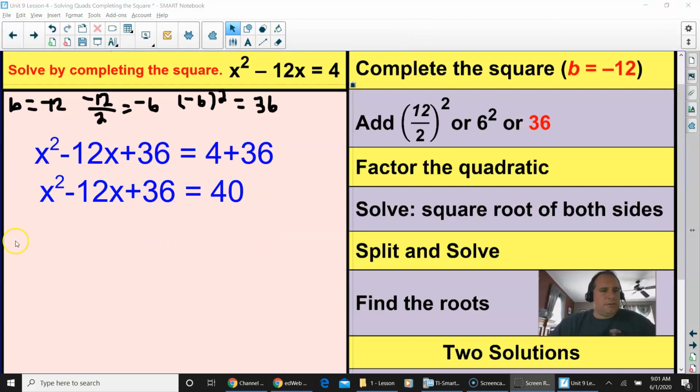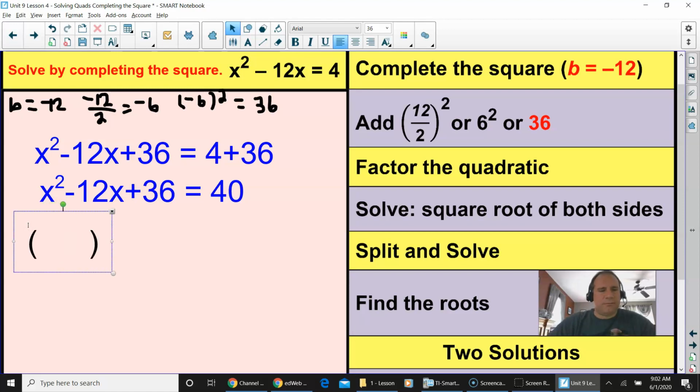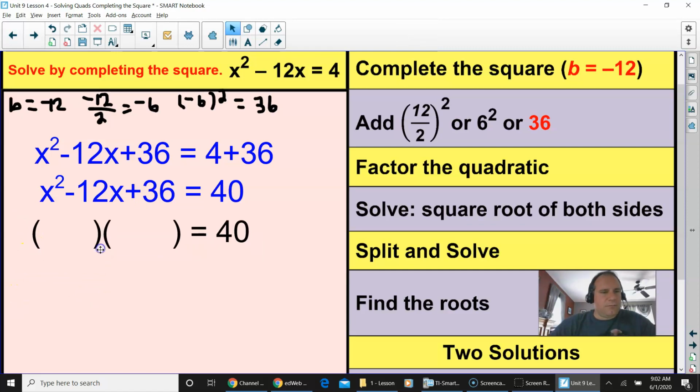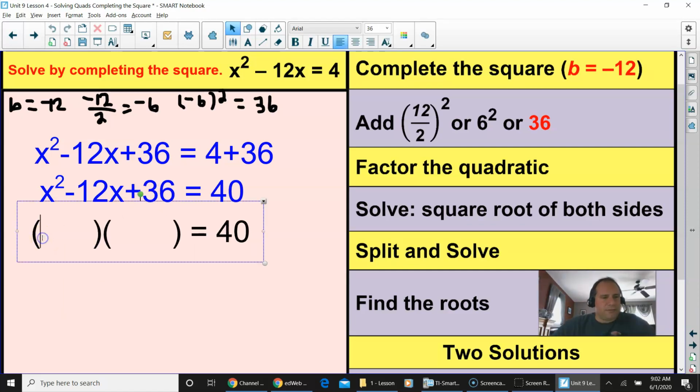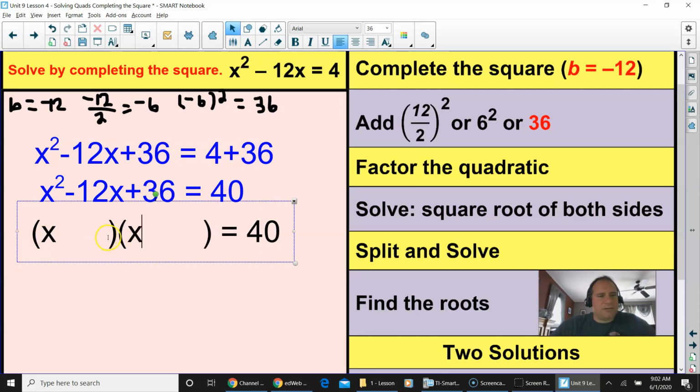Just like that. So now you have to factor this quadratic, right? So we added the 36 on both sides. We have x squared minus 12x plus 36 equals 40. And now we're going to have to factor the quadratic into two binomials, just like we normally are used to doing. So we're going to leave that 40 there, though. So we're looking for factors that multiply to 36 and that add to -12.